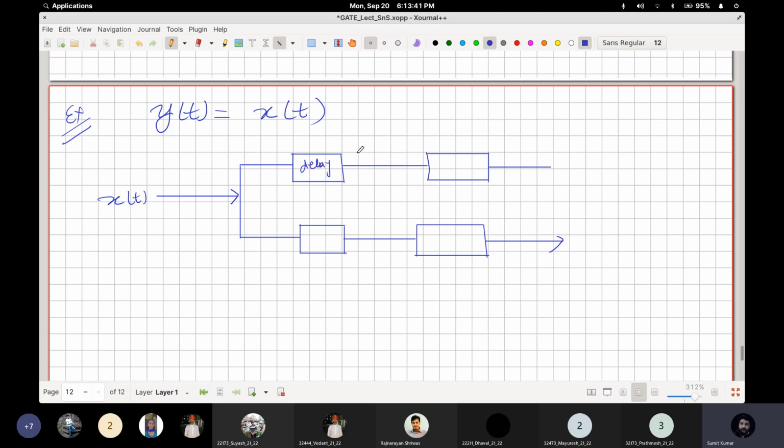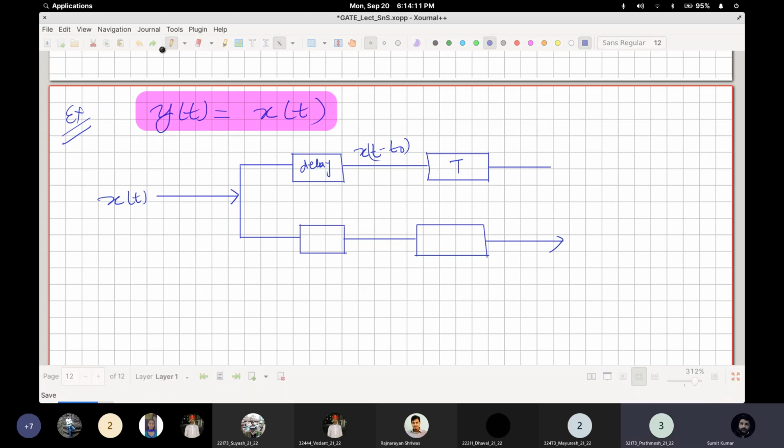So due to the delay, what will we be getting? x of t minus t naught, isn't it? And then we are applying our system, and what is our system saying? What is this system signifying? Can anybody tell me what this system is signifying? Output is exactly equal to what? Input, isn't it? What is this system telling you?